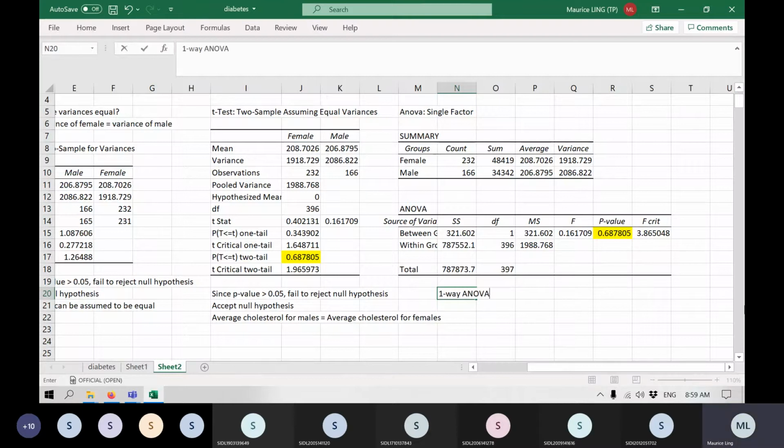One-way ANOVA for two samples is equivalent to the t-test assuming equal variance. It gives you identical results.